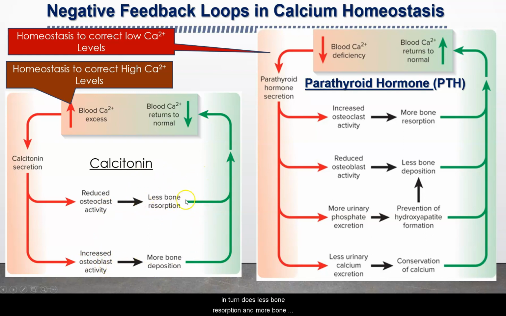That in turn does less bone resorption and more bone deposition, and blood calcium levels will decrease and return to normal. If there's a blood calcium deficiency, parathyroid hormone gets secreted, which increases osteoclast activity, reduces osteoblast activity, more urinary phosphate excretion, and less urinary calcium excretion. And all of this is to increase blood calcium levels to the right amount.